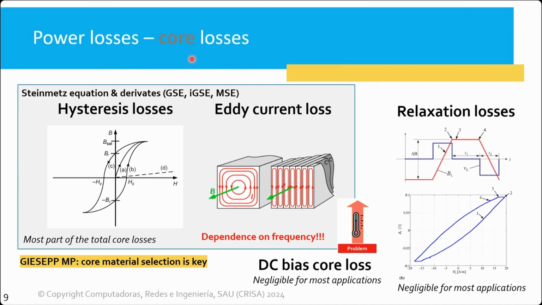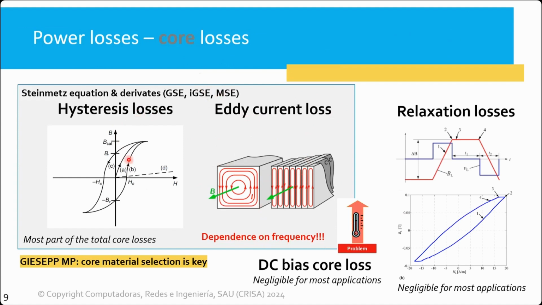The losses that correspond to the ferromagnetic material can be grouped in these four. There are different mechanisms that create these core losses, but the two main ones are the hysteresis losses and the eddy current losses, and both depend on the frequency.